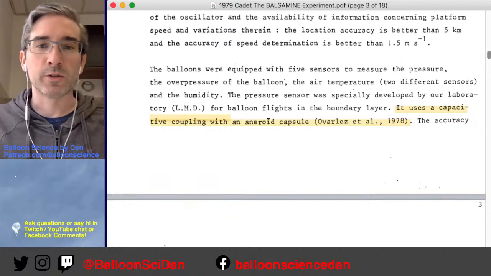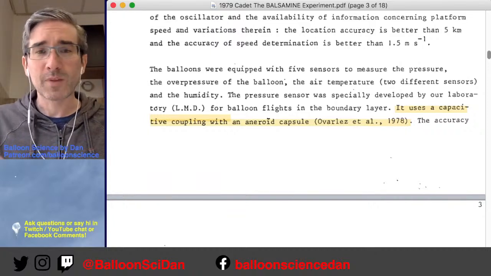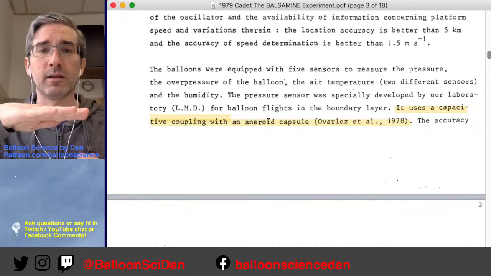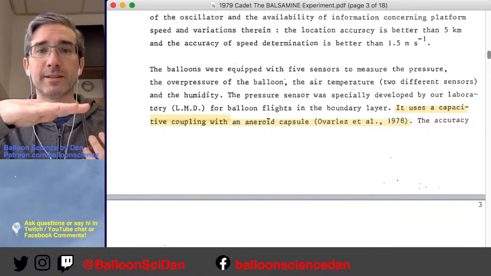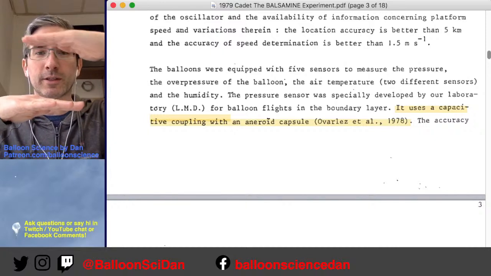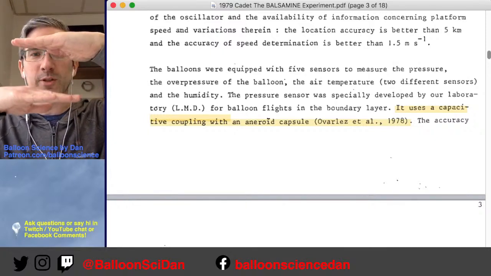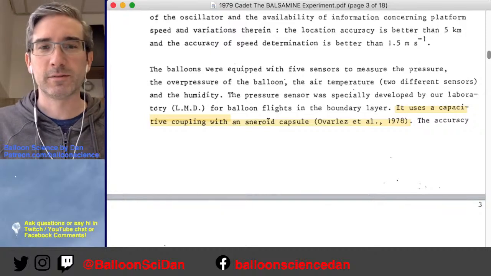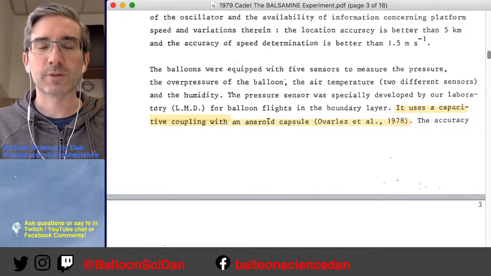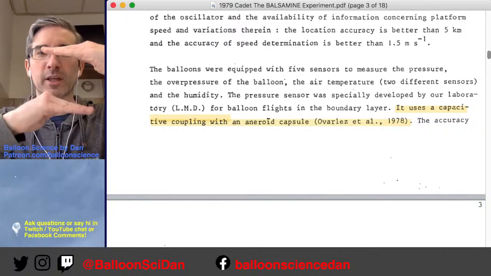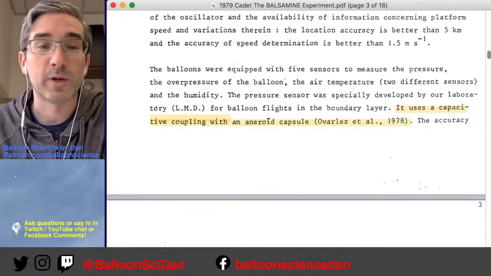And when they say it uses capacitive coupling, they basically just had an electronic plate on the capsule and another electronic plate. And as they got closer together, the distance you can measure through an RC circuit. You can electrically just measure the distance between two plates in a very simple way.